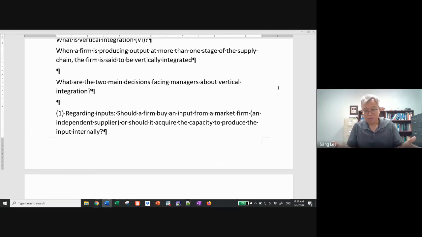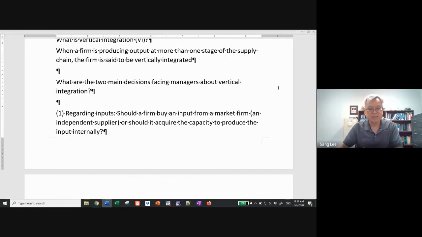Should you buy an input or a part from a market firm or an independent supplier, or should you produce that input or part internally, or should you acquire a productive capacity to produce an input or part? So that's one decision. This decision is pertinent to the upstream of your supply chain.